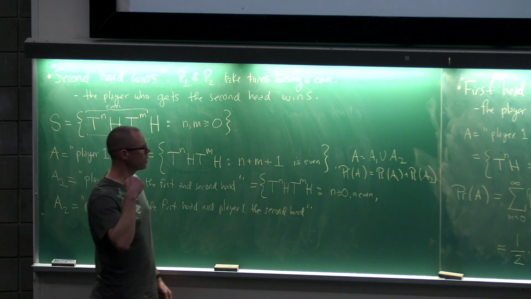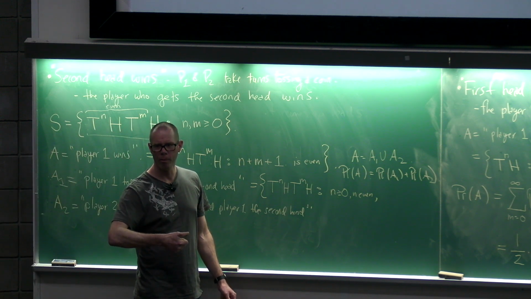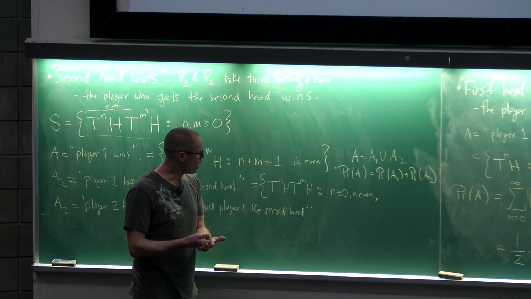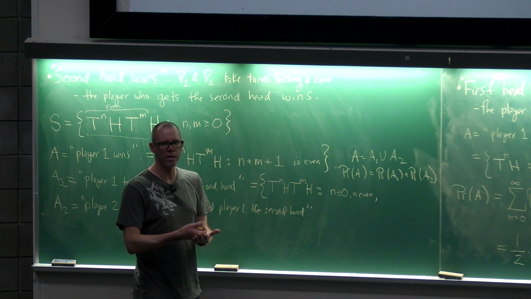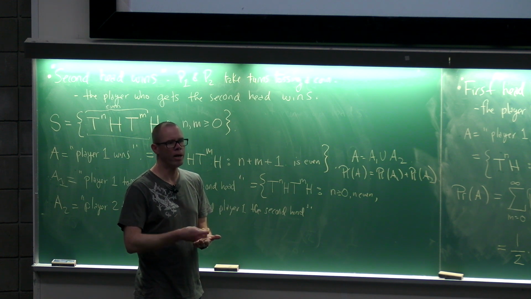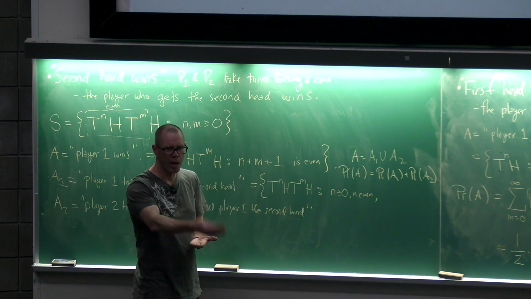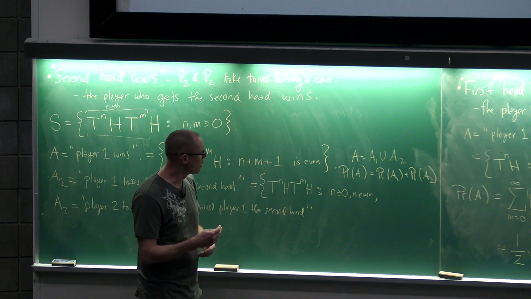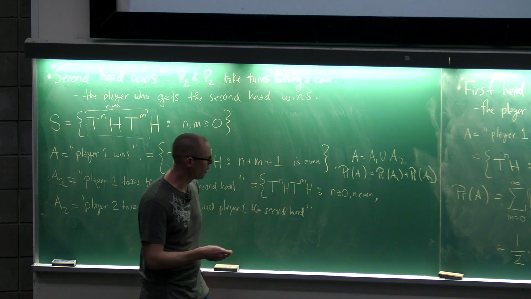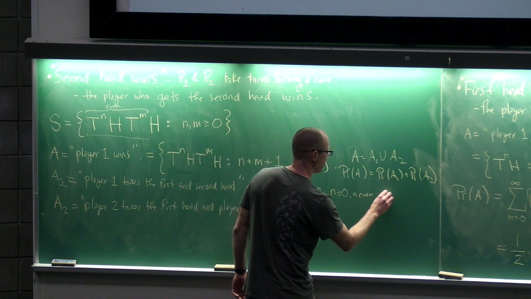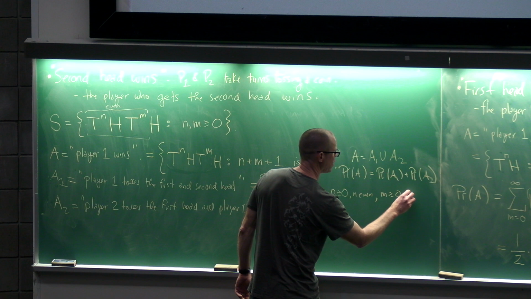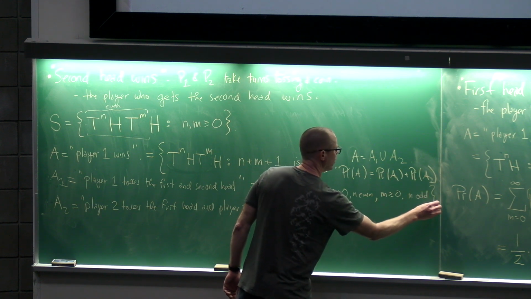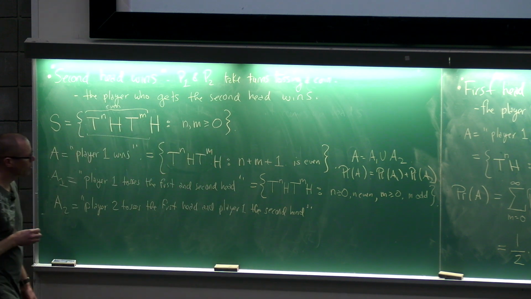If player 1 tosses heads first go, he gets the first head, and if he wants to win, the coin has to come back to him. So for example, he'll win if player 2 tosses tails, and then he tosses heads. So that would be 1 tail. Or if there's 3 tails, or 5 tails, and so on. So here we get m bigger than or equal to 0, and m odd. So that's what that event looks like.